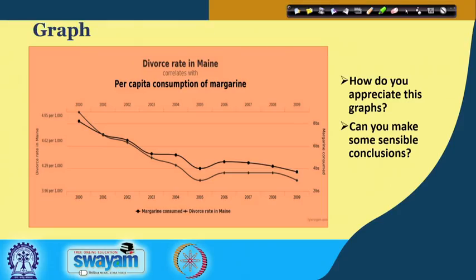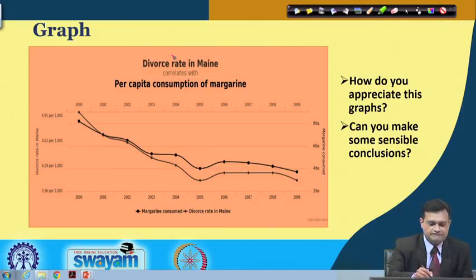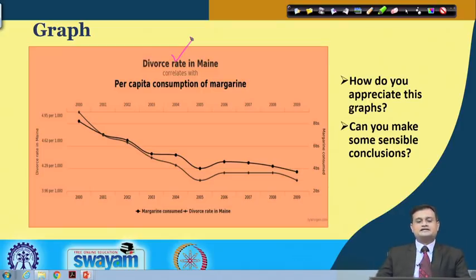Just see this. I have borrowed this graph and am putting it here. Does it really make sense? The graph shows a phenomenon like the divorce rate in Maine, which correlates with per capita consumption of margarine.